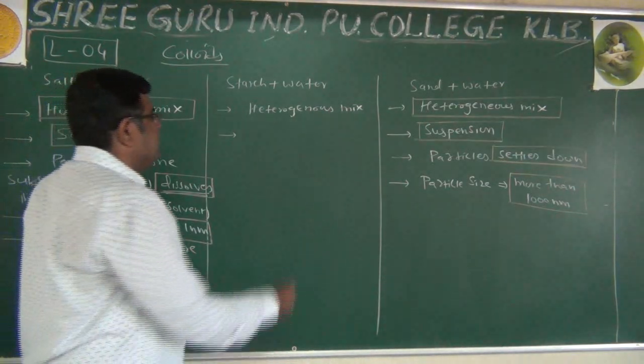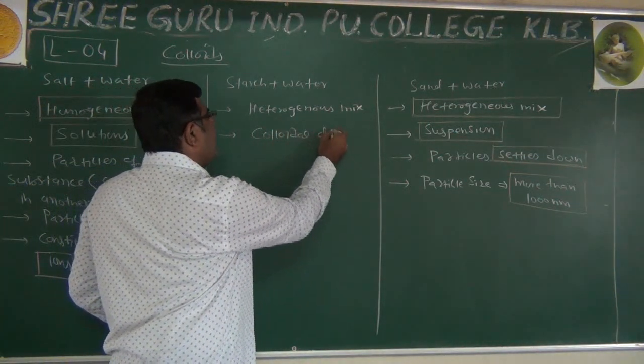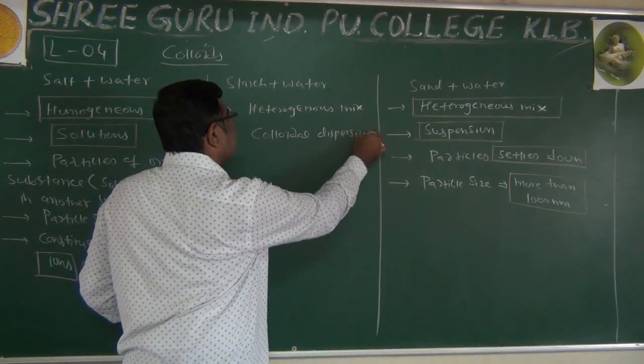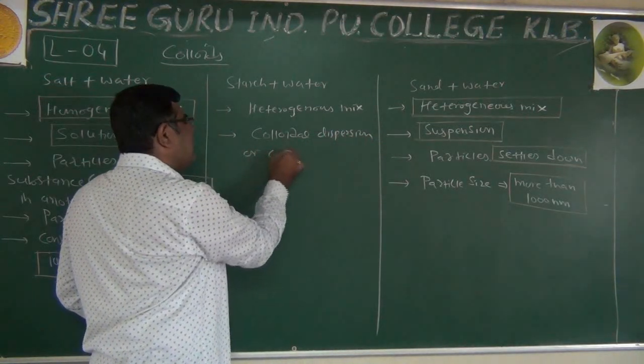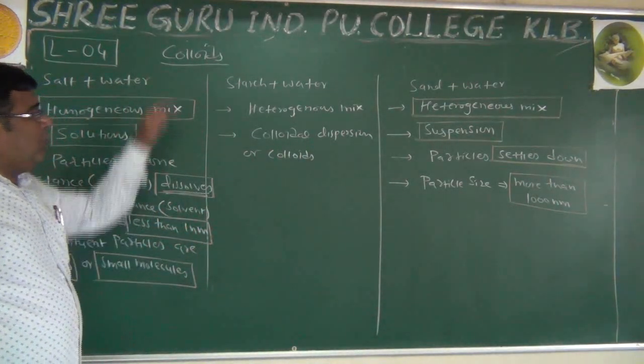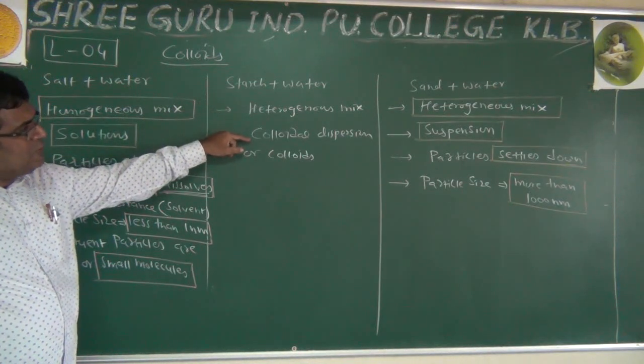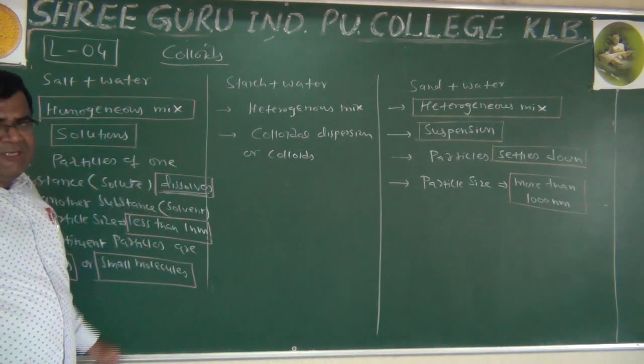It is called a colloidal dispersion, or simply colloids. That part we are learning, colloids, which are heterogeneous mixture, also called colloidal dispersion or colloids.